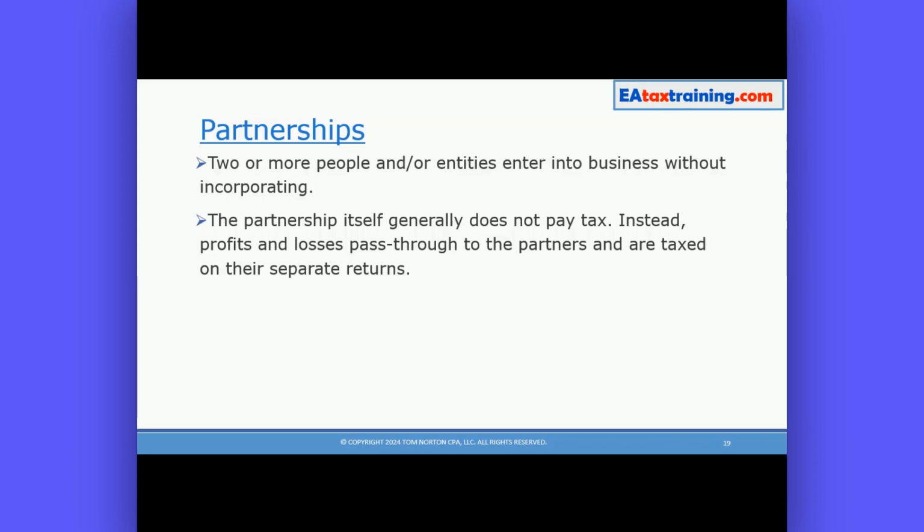However, not just individual partners can be partners in partnerships. You can also have corporations. C corps and S corps can be partners in partnerships. Other partnerships can be a partner in a different partnership. Estates can be a partner in a partnership.